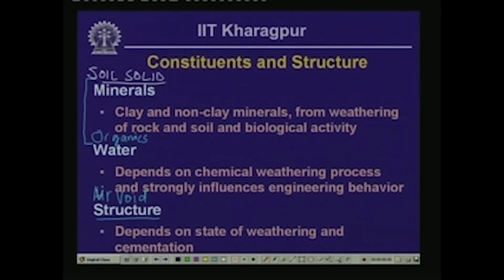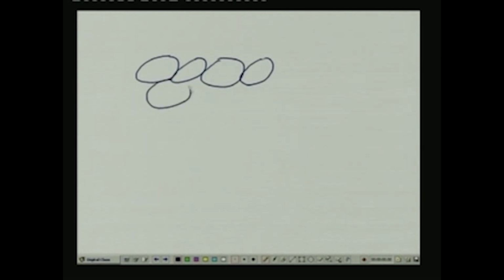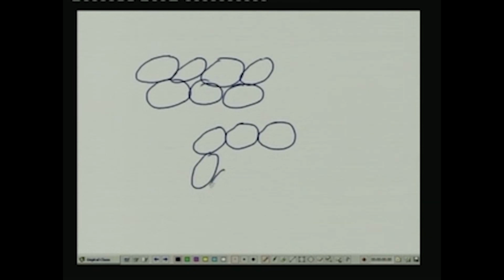To give you an example, what is meant by a structure? Think about soil grains, soil solids. The soil solids could be oriented in this manner, and they could also be oriented in an open card house like structure, because of several different things.